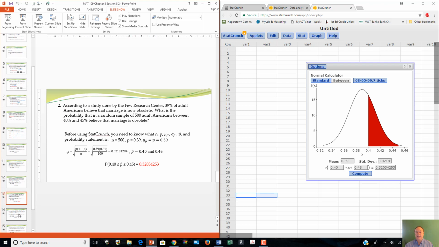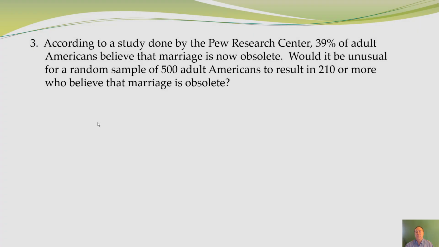Okay, now let's change the problem a little bit. This time, according to a study done by the Pew Research Center, 39% of the adults believe that marriage is now obsolete. Okay, fine. But now the question is, would it be unusual for a random sample of 500 adult Americans to result in 210 or more who believe that marriage is obsolete?